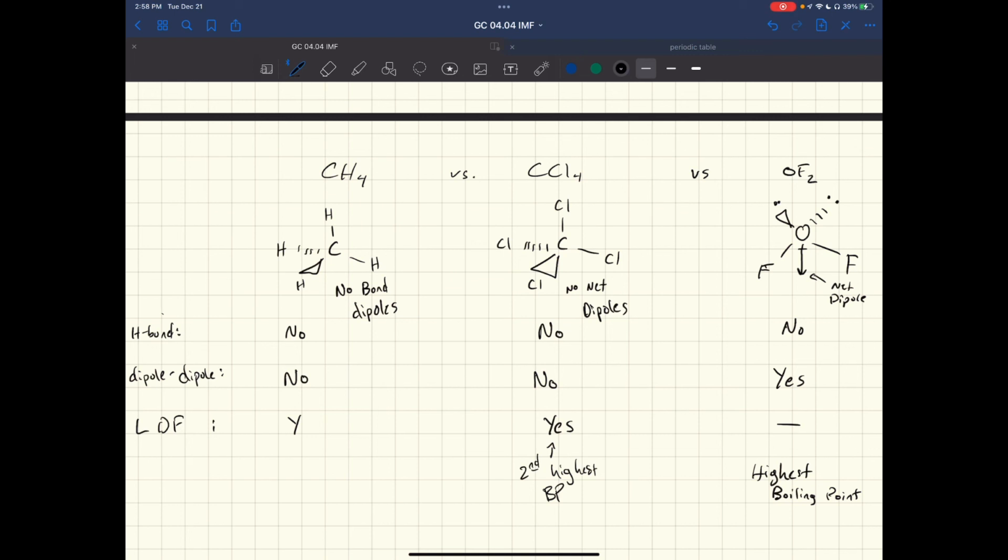CCl4 has a greater molar mass than CH4, which means it's got more electrons, which means it can do stronger London dispersion forces. So it'll have higher intermolecular forces and thus a higher boiling point. And that's really what you do for these, okay? You need to make VSEPR geometries, and then you just need to go through this table and figure out what you have. And that is all for intermolecular forces.